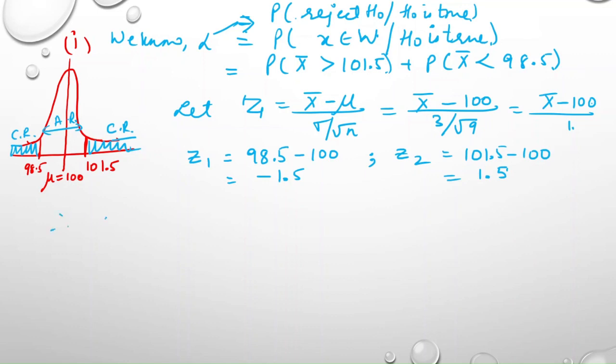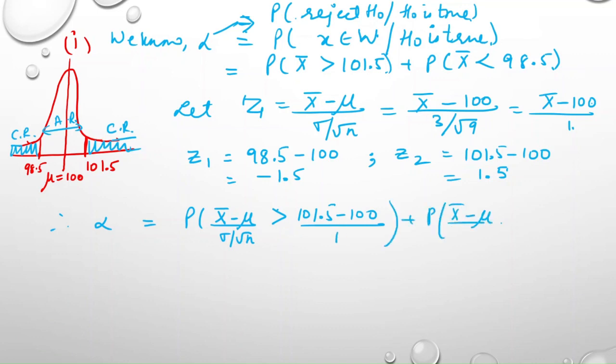So therefore alpha would be P of X bar minus mu over sigma over root n greater than 101.5 minus 100 over 1, plus P of X bar minus mu over sigma over root n less than 98.5 minus 100 divided by 1.